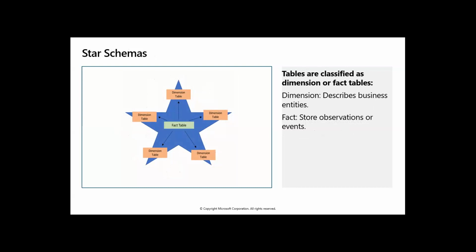In the middle of that star diagram, I have a table called fact table. And you see the other ones are dimensions. Dimensions describe business entities. You can design a star schema to simplify your data.